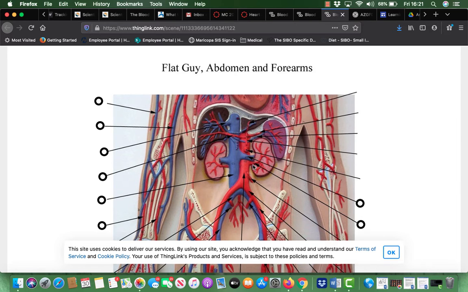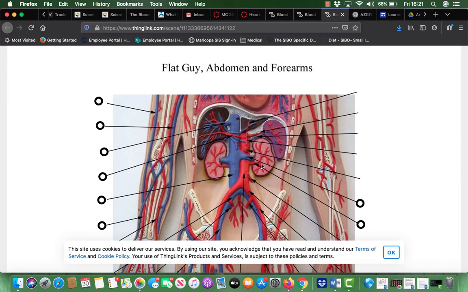Then, as we talk about the kidneys here, right? Here's your kidneys. When we refer to the kidneys, we use the term renal. So here is going to be the renal artery, and here is going to be the renal vein, okay? And we're on the left side, so it's marked left, but you don't necessarily have to mark left.